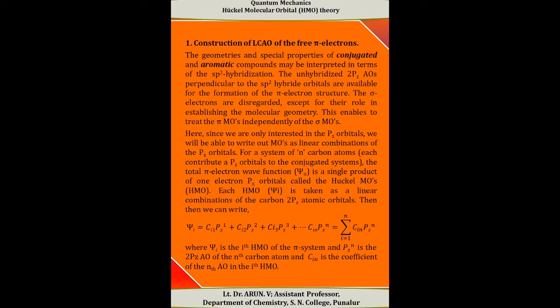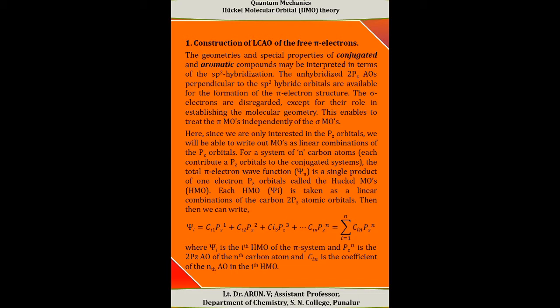Let us discuss the different steps in the Huckel molecular theory one by one. The first one is the construction of linear combination of atomic orbitals of the free pi electrons. The geometries and the special properties of conjugated and aromatic compounds may be interpreted in terms of the sp2 hybridization.